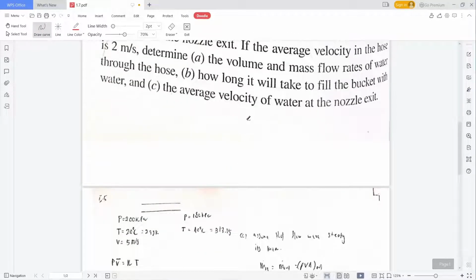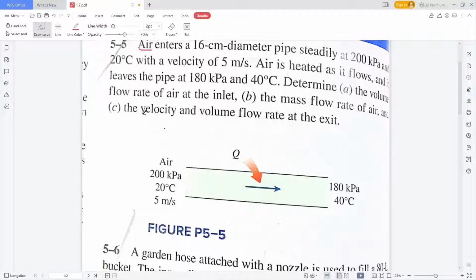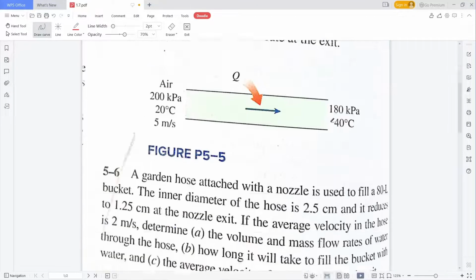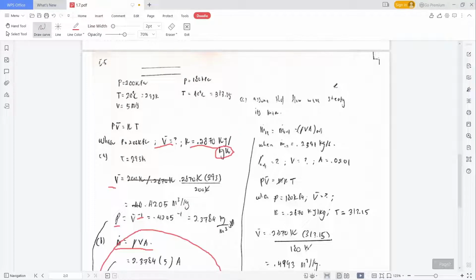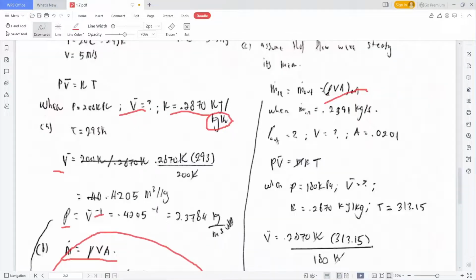Next is the question about the velocity and volume flow rate at the exit. Assume that the flow is steady. It means the mass flow rate in equals the mass flow rate out, which equals rho V A with respect to the outlet. The mass flow rate in is 0.2391 kg per second.